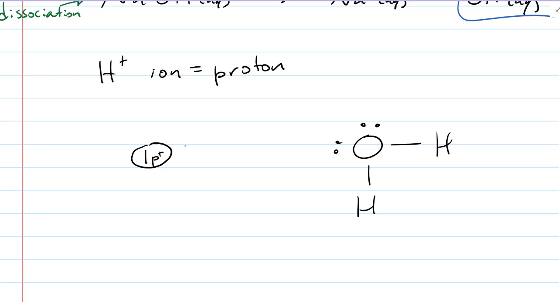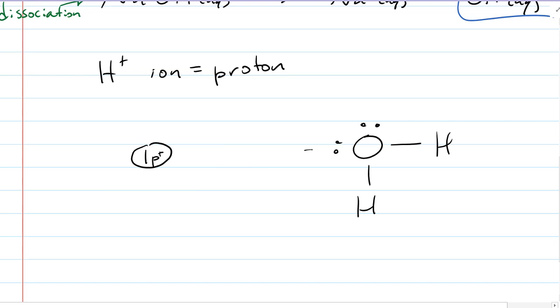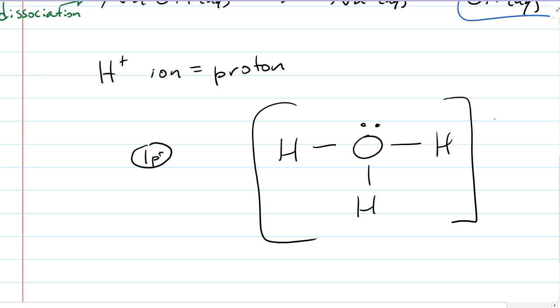Well, it turns out that this proton really, really likes those electrons out here on this water molecule. And as a result, that proton winds up attaching to that water molecule, and the end result, once that proton attaches, is the hydronium ion.